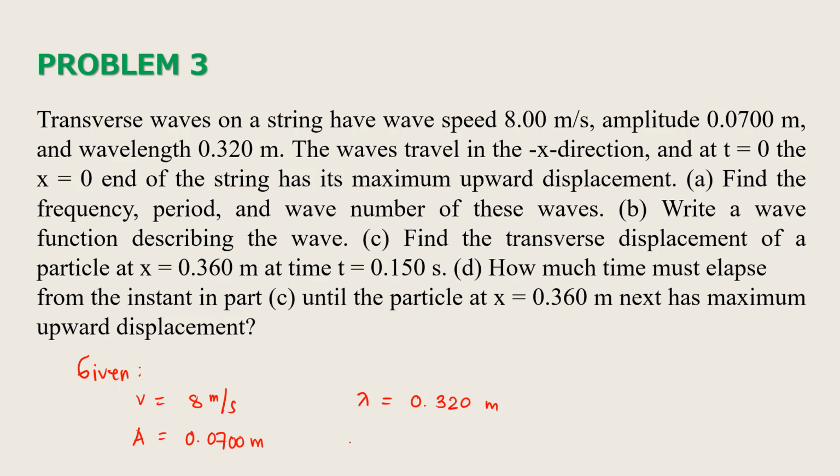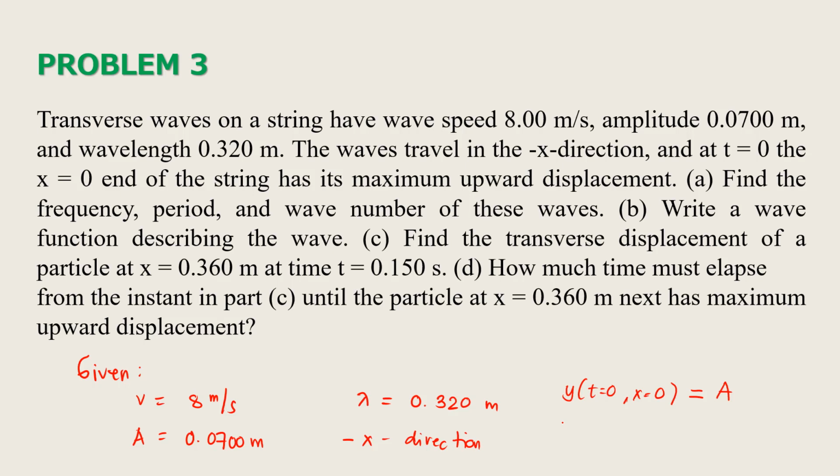And then take note that the wave is traveling in the negative x direction. And at t equals 0, and x equals 0, the string has its maximum upward displacement. So we have this one. Y is equal to A at t equals 0 and at x equals 0.